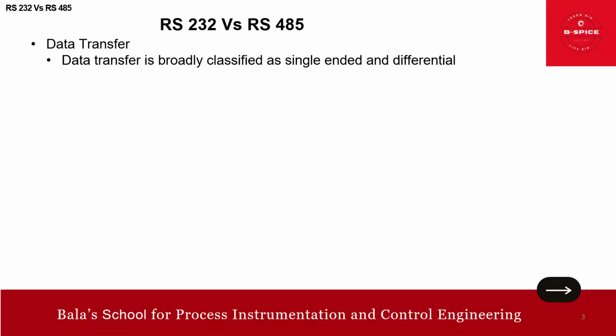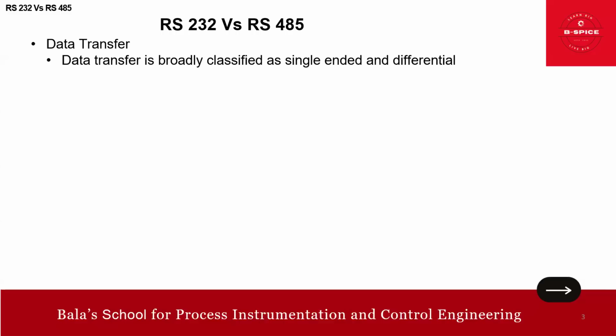Now we'll talk about data transfer. Data transfer is broadly classified as single-ended and differential. What is single-ended? How does it work? Single-ended data transmission uses one wire to carry the signal and another wire, that is ground, for a reference.